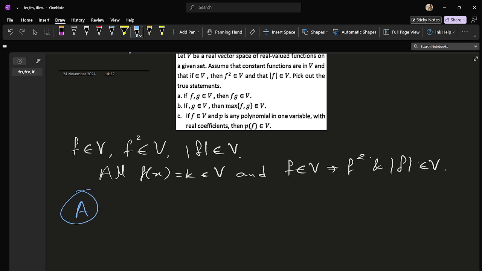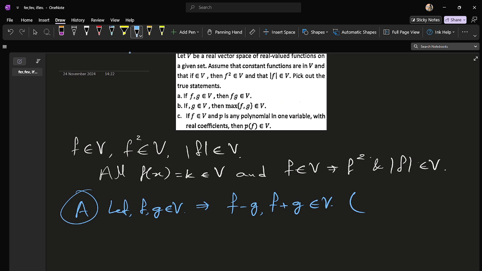Option A tells us: let f and g belong to V. Then as V is a vector space, f minus g and f plus g will lie there.